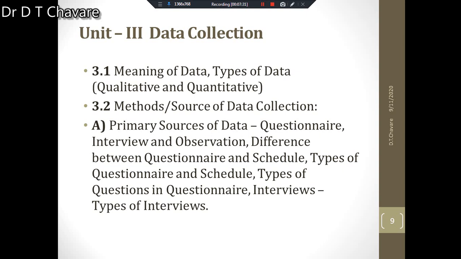In primary sources: questionnaires, interview and observation, difference between questionnaire and schedule, types of questionnaire and schedule, types of questions which are included in a questionnaire, and interviews and types of interviews. All these methods are included in primary sources of data.